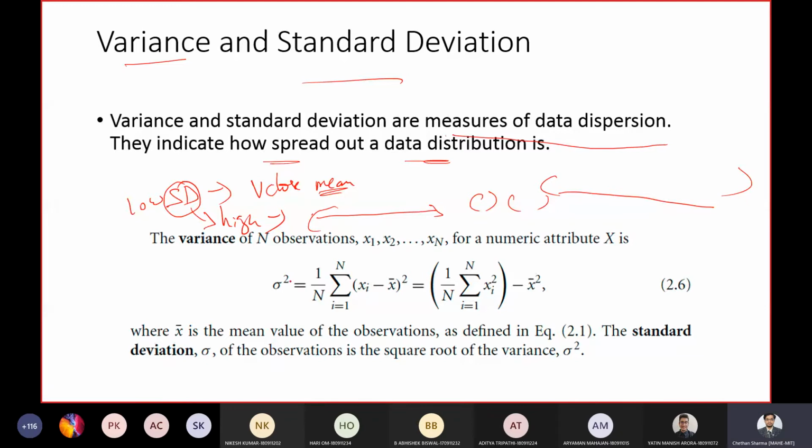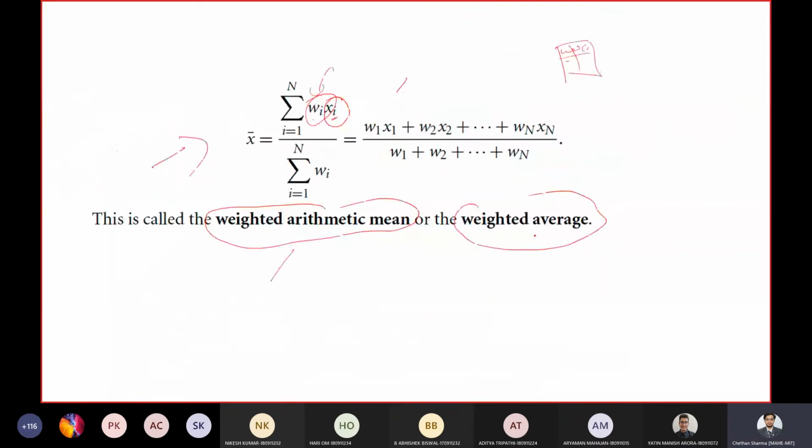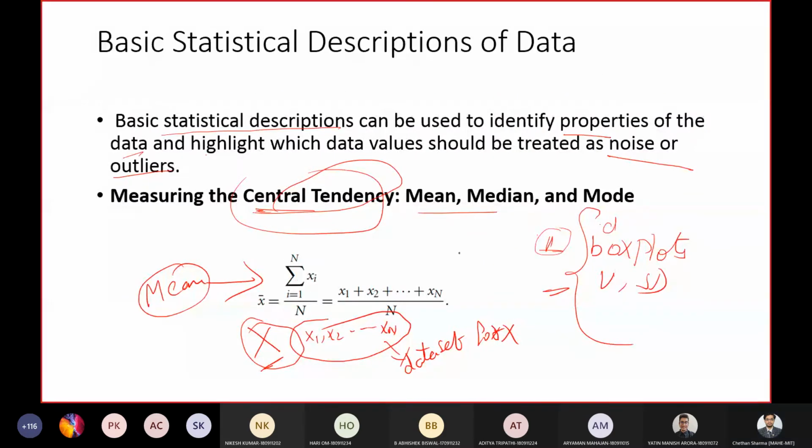The variance of the data is calculated using this particular equation, where x bar is the mean of the data. The mean is calculated using the same equation as before, that is the summation of all the values divided by the total number of values.